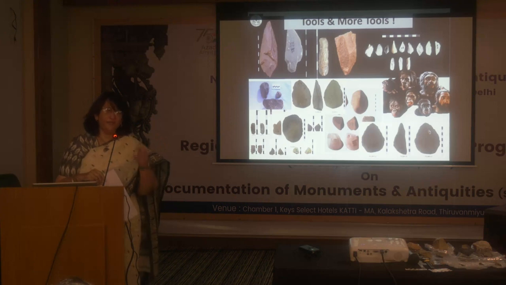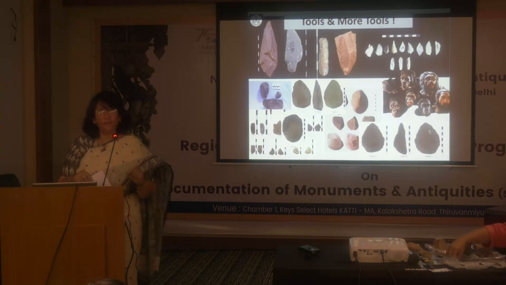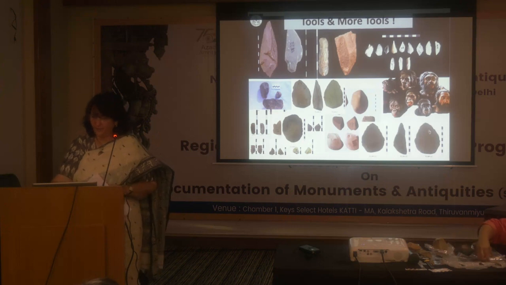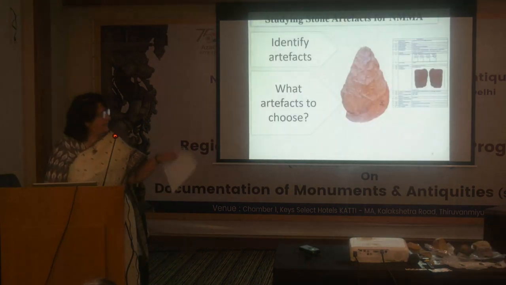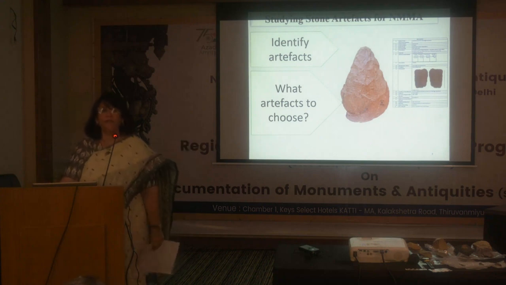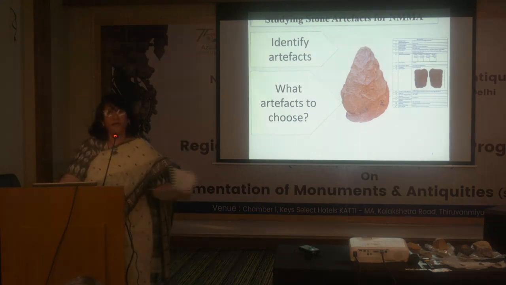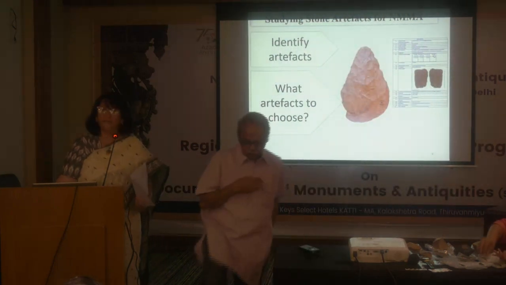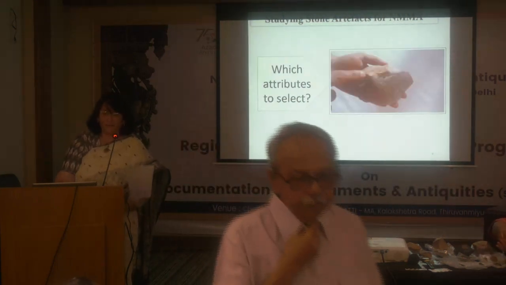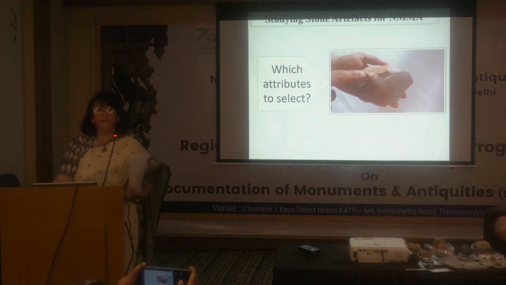But for now, let's put it very simply that we are going to look at tools which have some evidence of retouch or some evidence of shaping or façonnage on them. Okay? So let's take that for granted for now. But actually this is a major point when we are studying large assemblages and trying to decide what to choose; these are things that we need to consider.